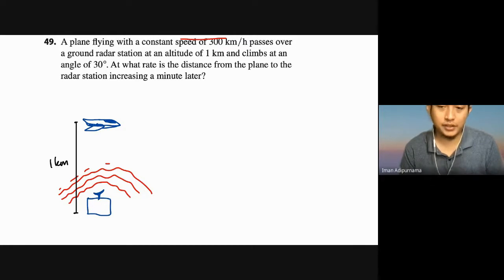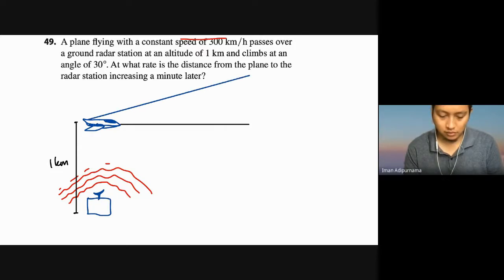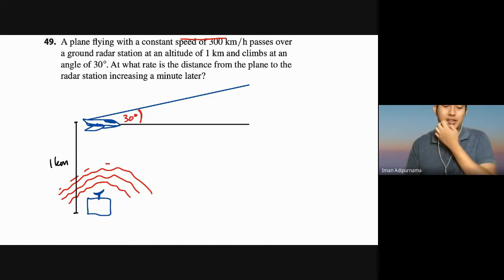And then it climbs at 30 degree. Climbs means maybe 30 degrees here. So this is the climb at that 30 degree.